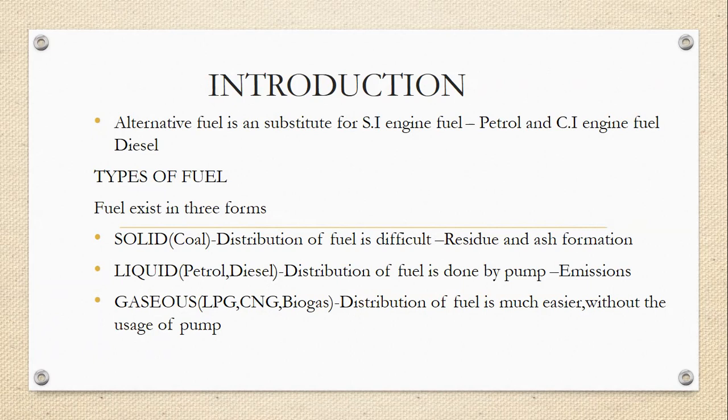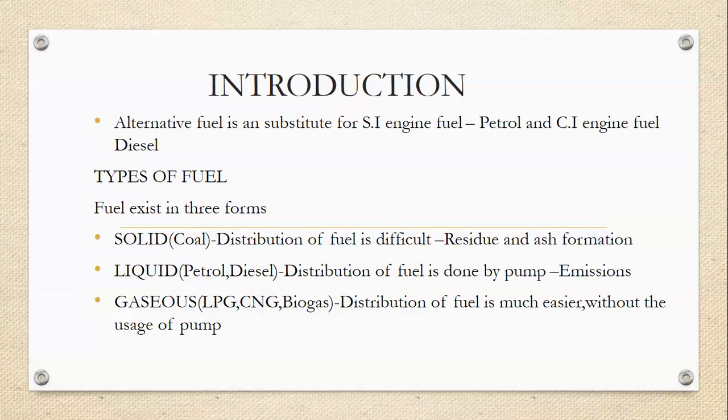Types of fuel. Fuel exists in three forms: solid, liquid, gaseous. Solid example, coal. The drawback in coal is that the distribution of fuel is difficult. Normally, in a CI engine, liquid fuel is used.